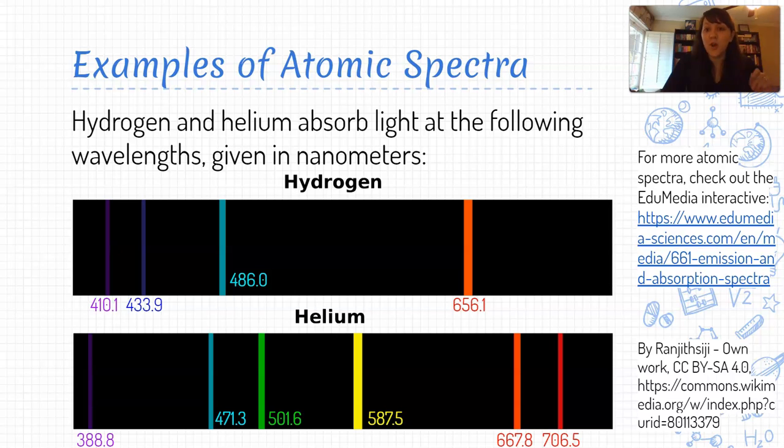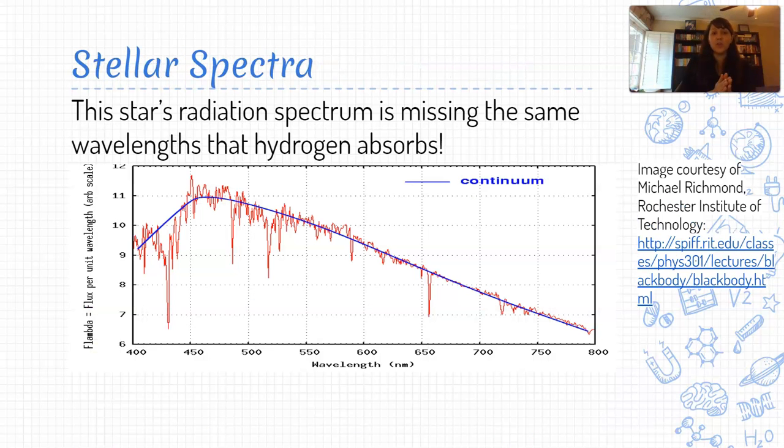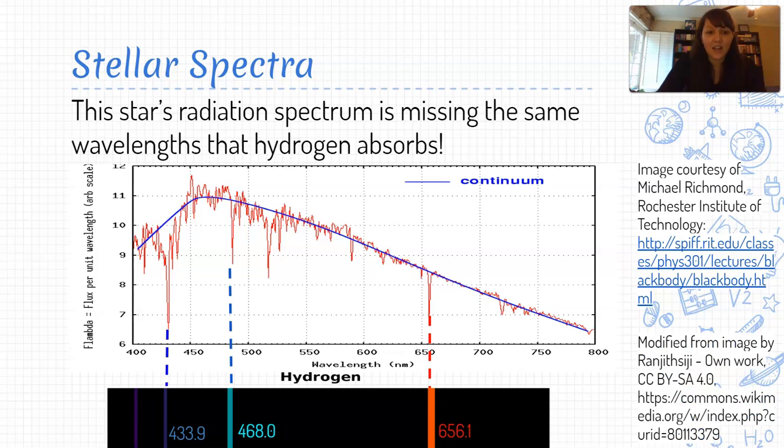So if then we go back to the emission spectrum from a star, and we see where those little dips are, there's something kind of special about them. This particular spectrum comes from a sun-like star, and if we go through and compare where the dips are, which wavelengths are absent from the light being produced by this star, we see that they line up with a lot of the same wavelengths that hydrogen is able to use, okay?